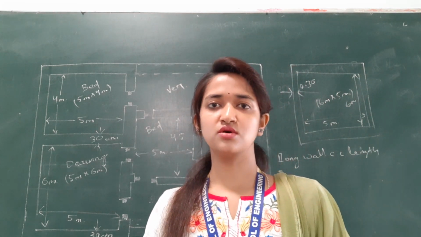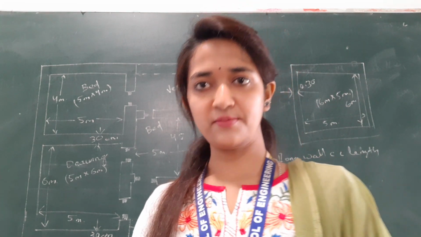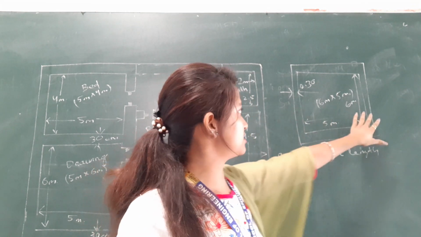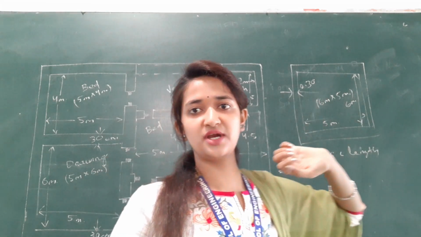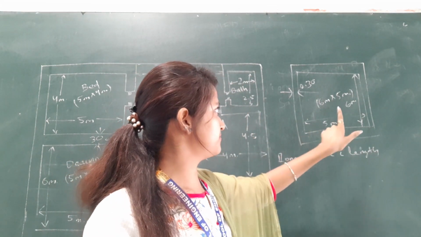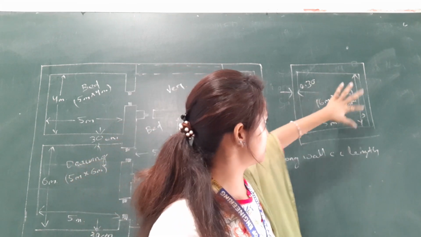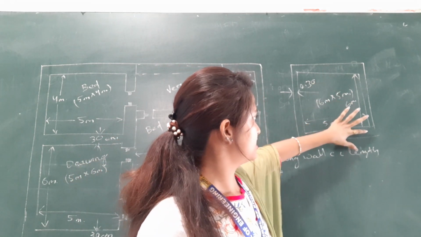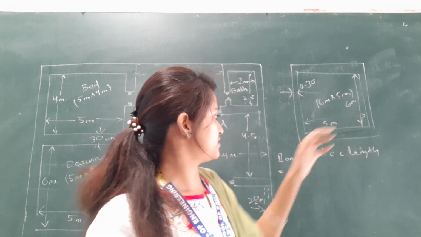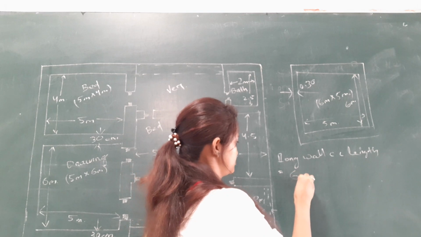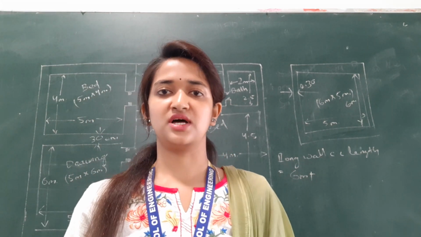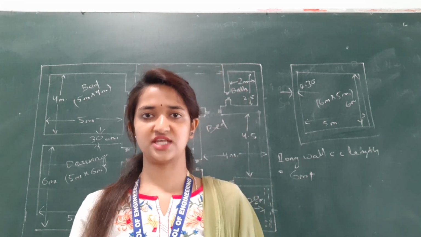For this process we have to consider the breadth on one side and the breadth on the other side. So first we calculate 6 meter plus the 0.30 wall thickness. We can write 6 meter plus half of one width plus half of the other side width.